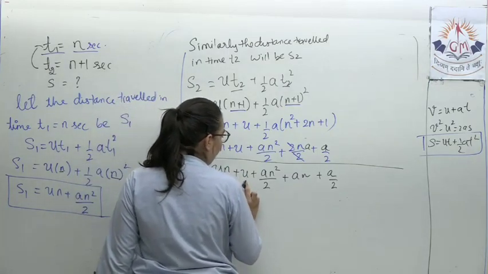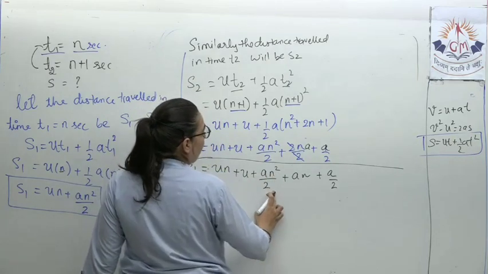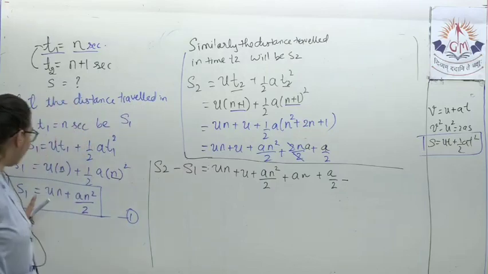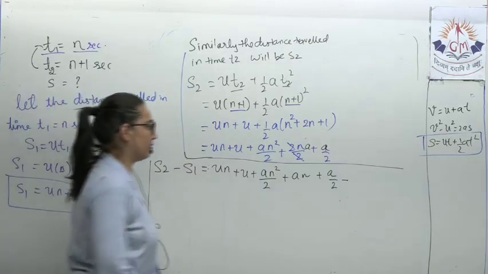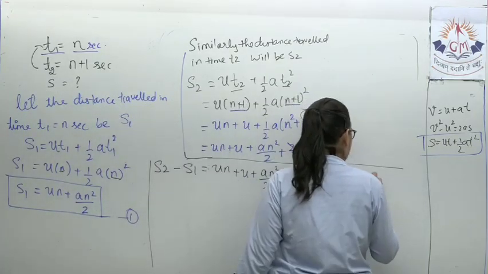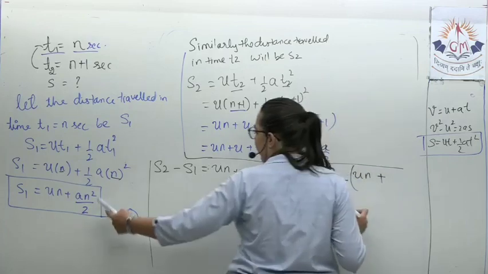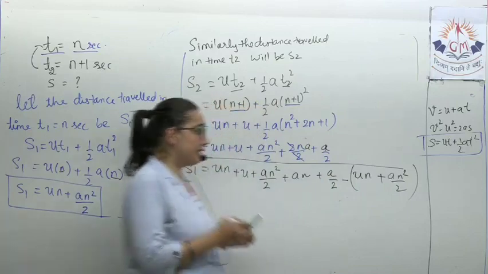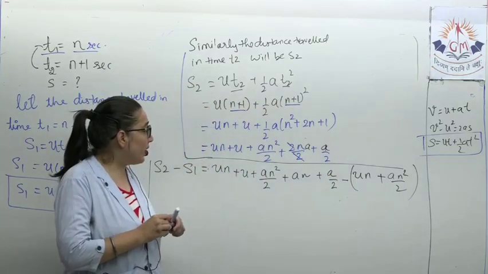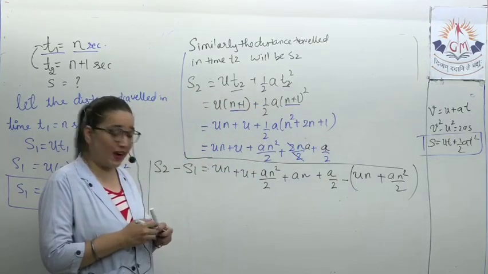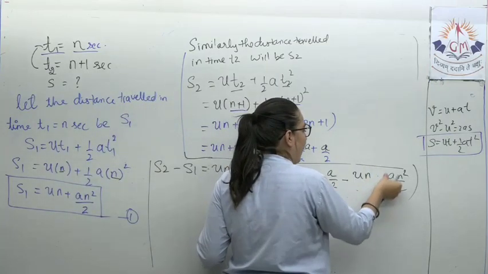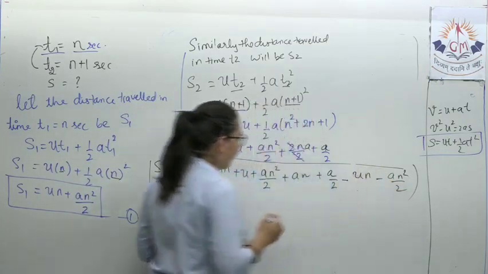u n plus u plus a n square by 2 plus a n plus a by 2 minus this value of s1, that is u n plus a n square by 2. Is this clear? This minus sign will be applied even inside, so this will change to minus.